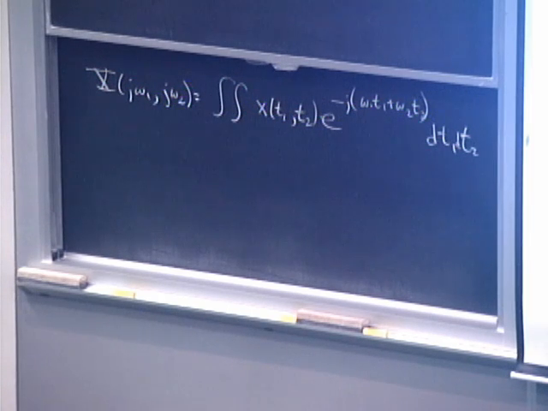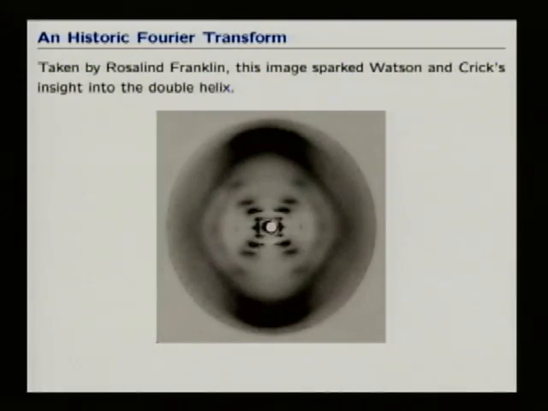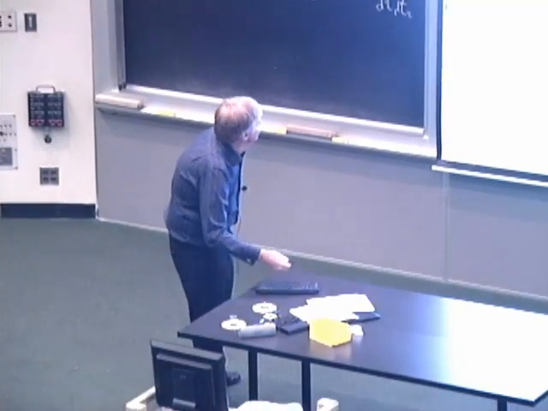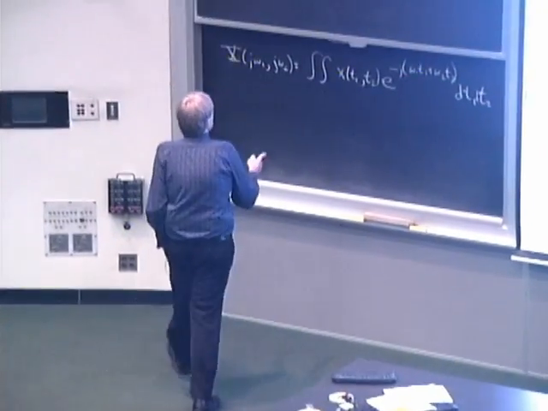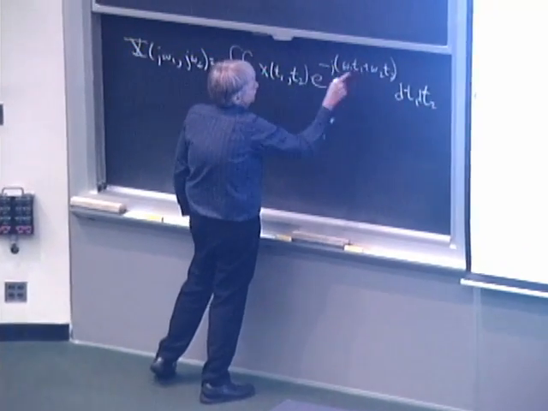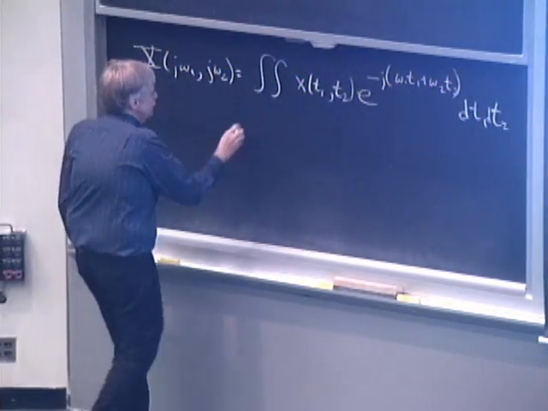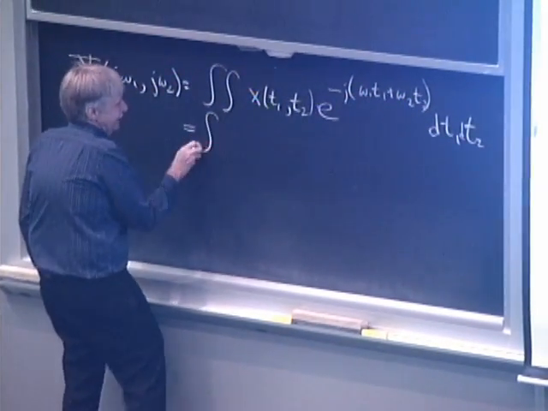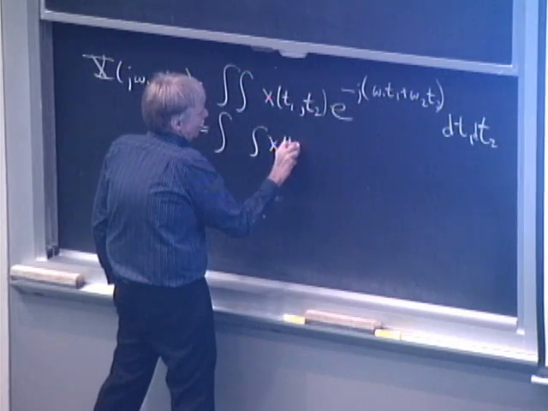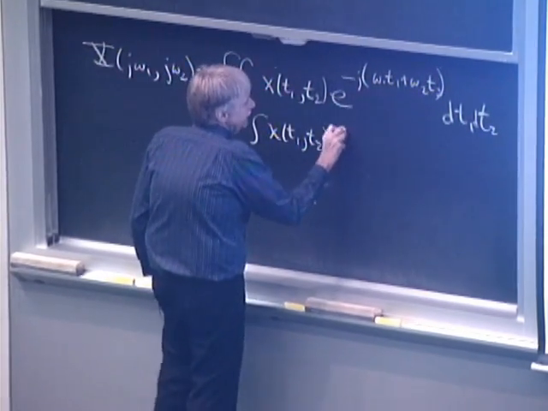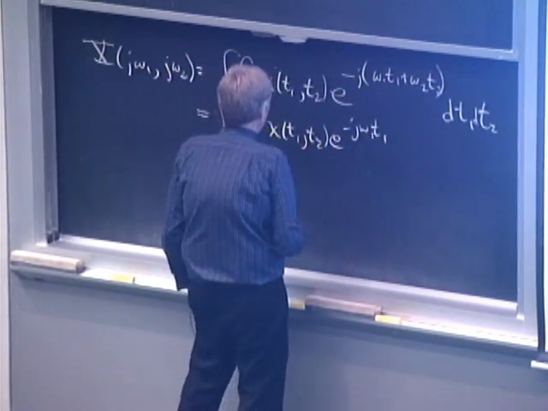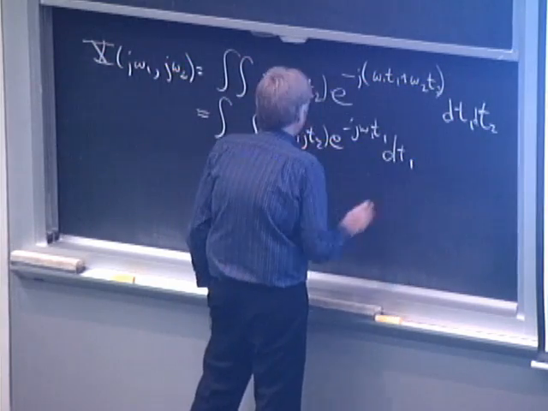And the way to think about that, I probably shouldn't distract you with this. That's the next slide. So the way to think about this is, this separates, right? e to the j sum is e to the j1 times e to the j2. So I can write this more simply as the integral of x of t1, t2, e to the minus j omega 1 t1, dt1.